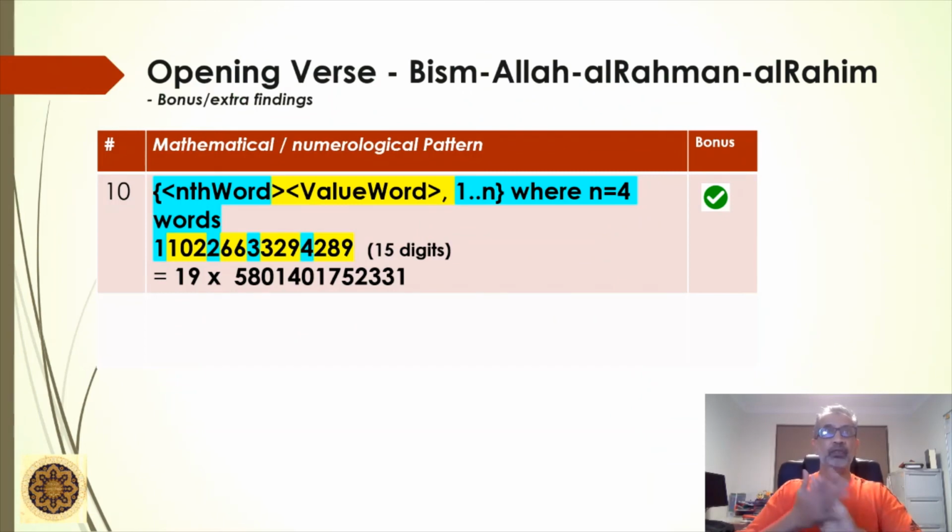And now also that other sequence, the bonus I found using the nth word and the value of that word: you get this 15-digit number, which is also divisible by 19. Amazing. That's why I call it the Bismillah ar-Rahman ar-Rahim, in the name of God, most gracious, most merciful, which occurs in the Quran 114 times, divisible by 19 itself.